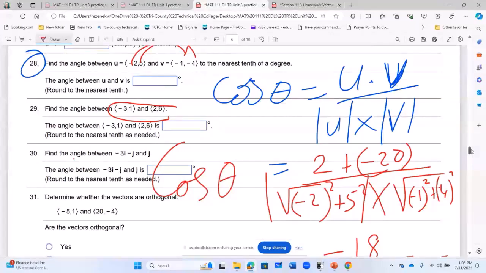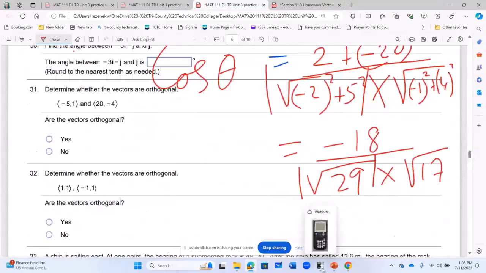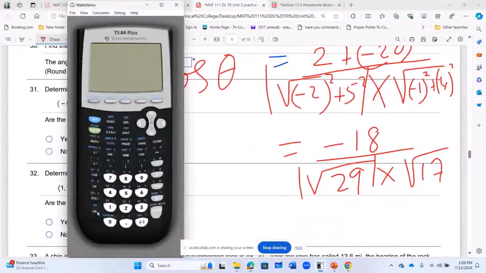So I can put this all in my calculator immediately. I can say cosine inverse of the quantity.